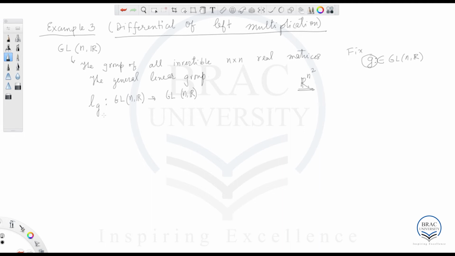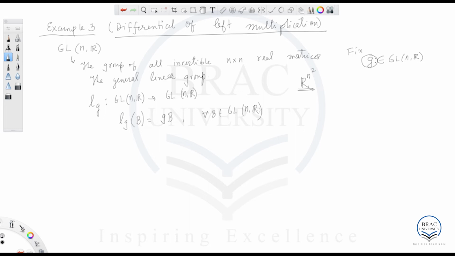So how do we define this map? This is called the map of left multiplication, because L sub G acting on an element B in GL(n, R) is equal to G times B. It's given by the left multiplication by the invertible matrix G. This is true for all B in GL(n, R). Okay. So what are the data?